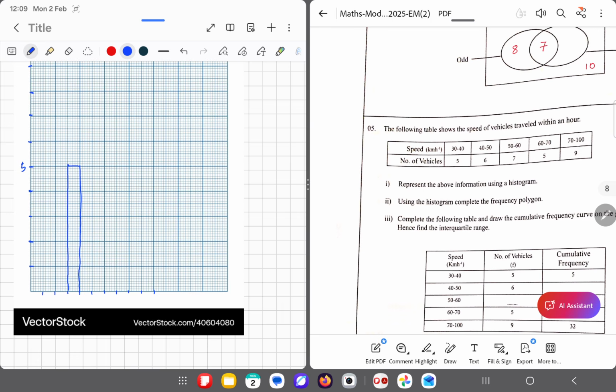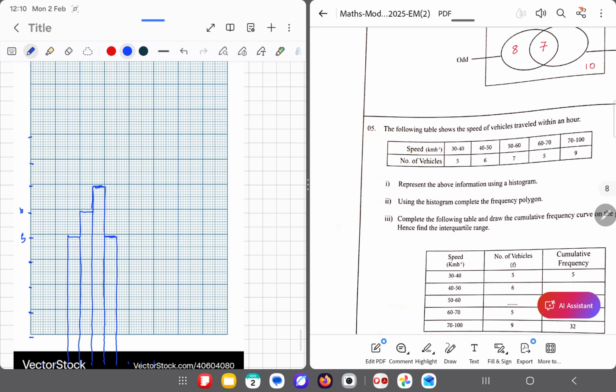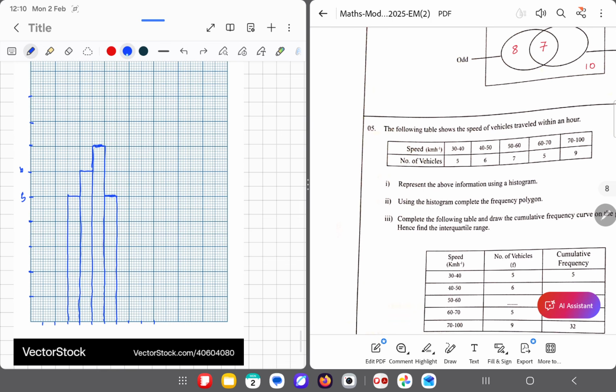Then 40 to 50, 6. 50 to 60. Then 60 to 70. And 70 to 100, 9.